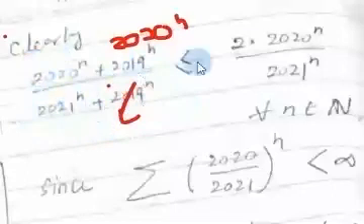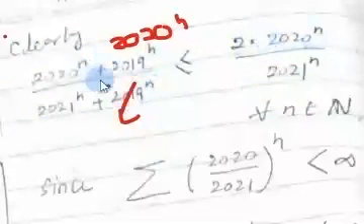So that means the number is bigger than this number here. If you ignore this term from the denominator, this number is bigger than that, right? I think this is clear. So this is true for all natural numbers.